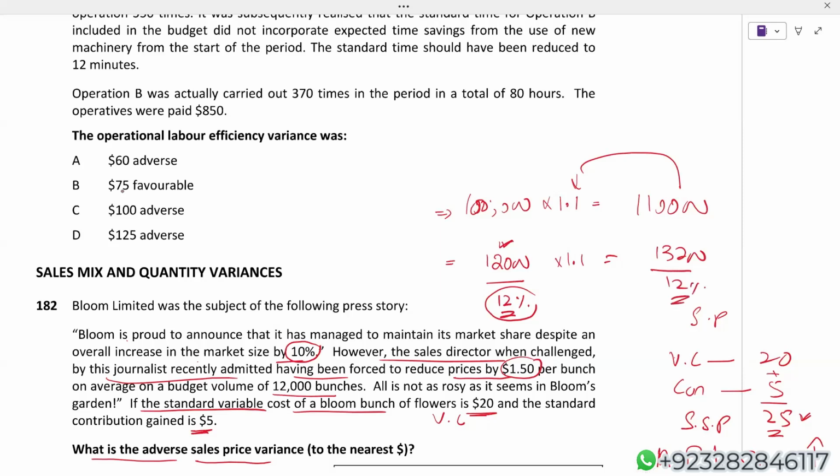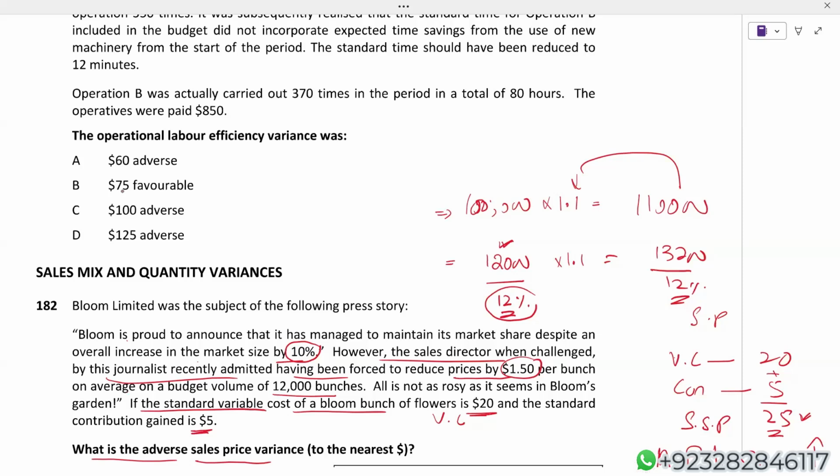Read the question again. The question says, despite increase in the market size, we were able to maintain the market share. It means market size has increased by 10%. Then whatever we have initially budgeted as sale quantity, actually it has also increased by 10%.